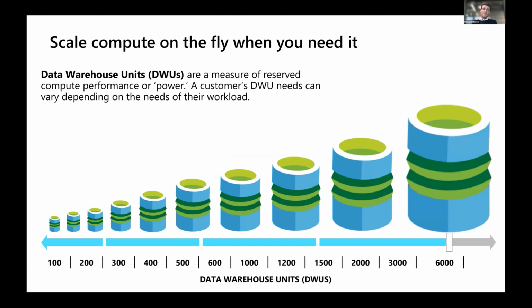It is interesting to mention that below level 500, you will have a single compute node. So if you execute a T-SQL query, this query will be performed by one node, but it will be more powerful if you go up to 500. Above that, you will have several nodes that really distribute the work. And if you go to level 6,000, you will have up to 60 different compute nodes that can execute a T-SQL query in parallel.